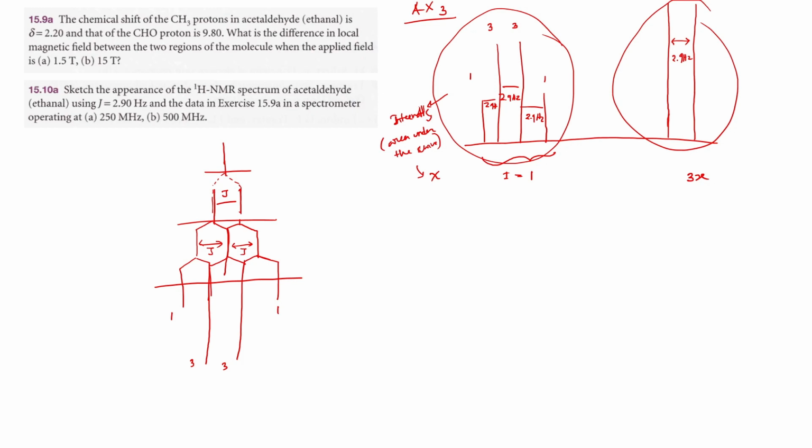Now for 250 megahertz and 500 megahertz, what is going to be the relative change? The J value won't change.